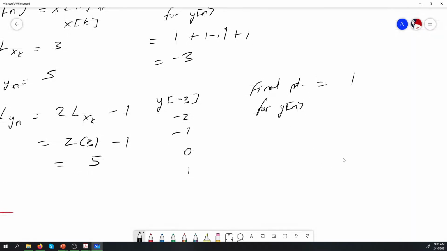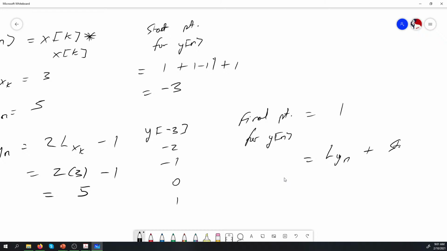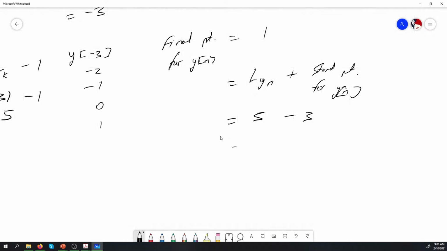such that we can get to the final point of y of n. So if we watch here, we say the length of y of n, and then we're going to be adding the start point for y of n. That's going to be 5 minus 3 here, which will give us a value of 2, so we're off by 1.